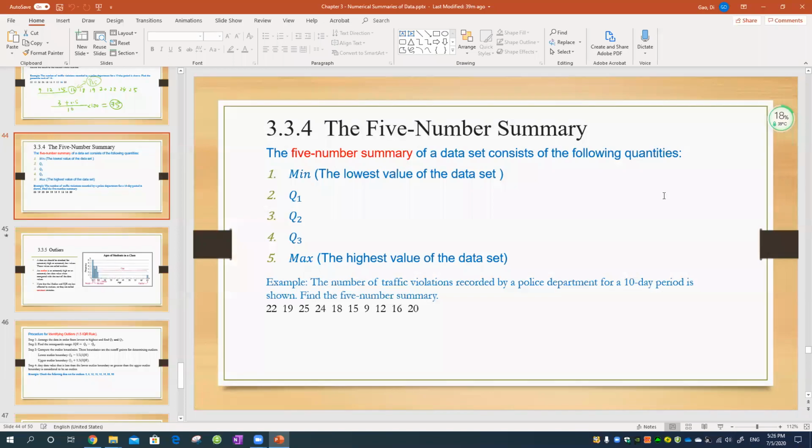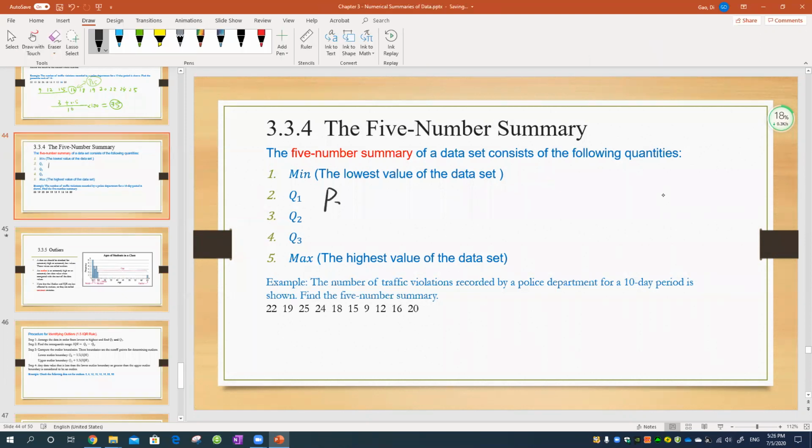Hello, everyone. Welcome back. So now let's talk about chapter 3.3, part 4, the five-number summary. The five-number summary of a data set consists of the following quantities: the minimum, the lowest value of the data set, and Q1, which is also P25, the 25th percentile.